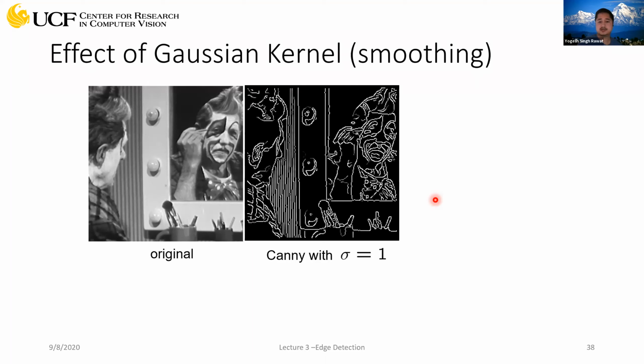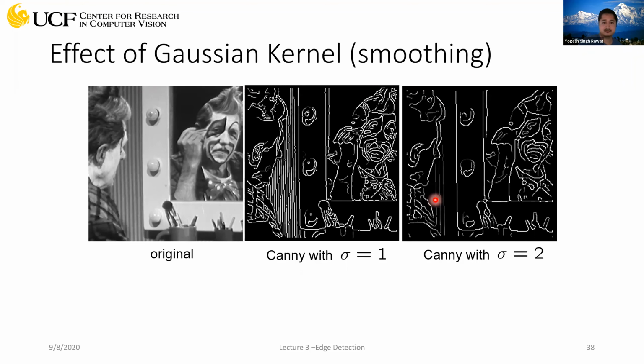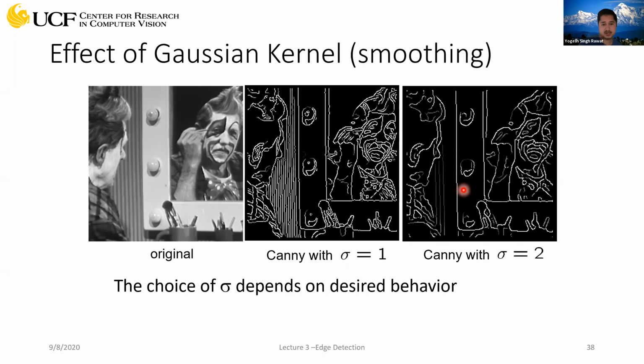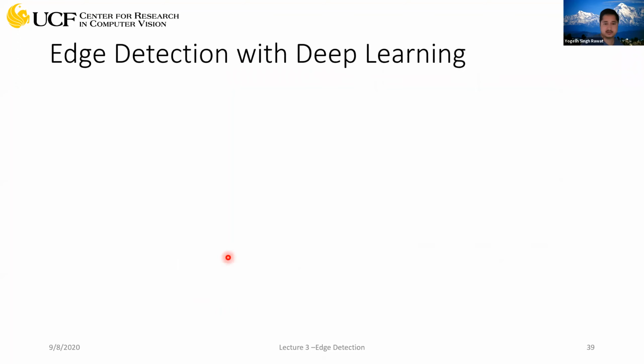If we increase the value of standard deviation, then we'll move from finer edges to coarse level edges. It will be the same for Canny as well. And the value which you want to choose will depend on the desired behavior. So if you want large scale edges or very coarse level edges, you will use a high value of standard deviation, otherwise a small value.